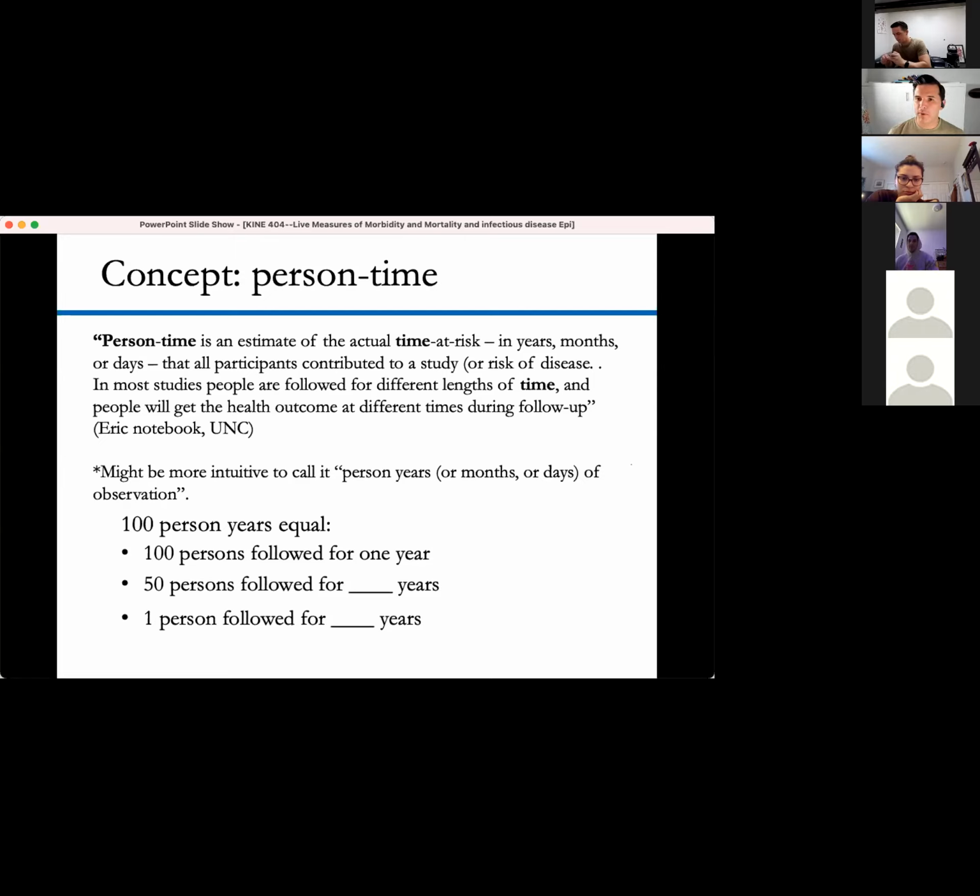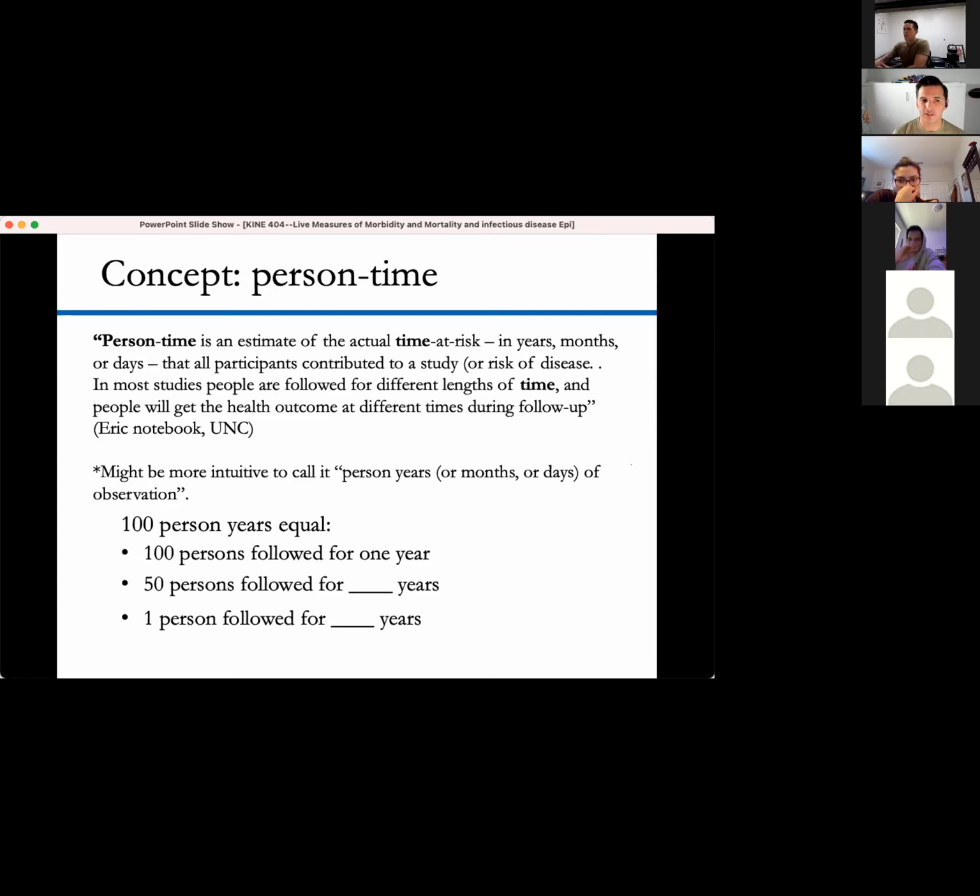It could equal 1 person followed for how long? 100 years. So this all in our denominator of our incidence rate, it could be 1 person followed for 100 years.